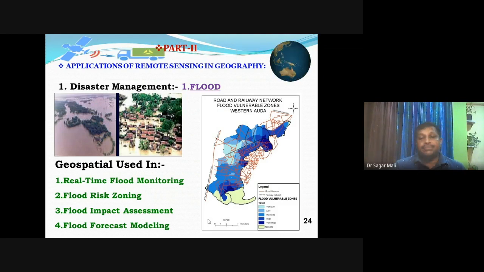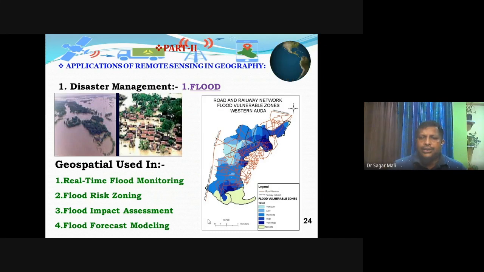Flood impact assessment. After the flood, we can take imageries of before flood and after flood. We can make the assessment of how much damage occurs to the houses, to the properties, to the crops. For impact assessment purposes, even flood forecast modeling purposes. It's a laboratory concept.